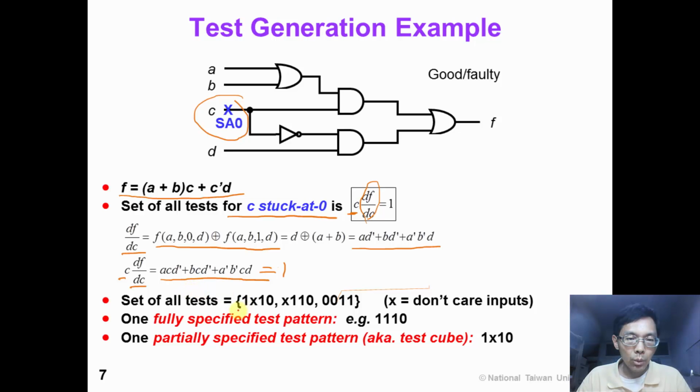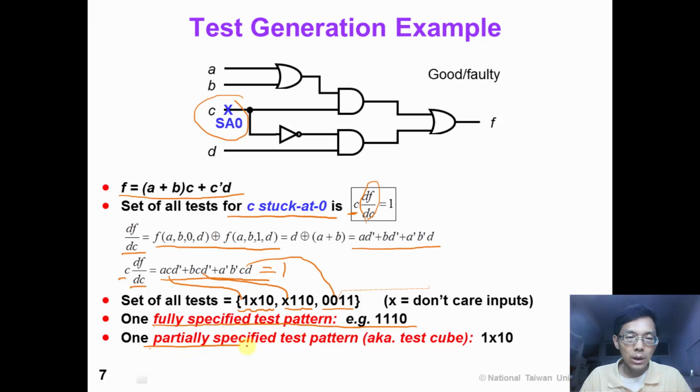So we can find all the test set. It can be 1x10, where x represents don't care. This corresponds to the first product term. x110 corresponds to the second product term, and the 0011 is the third product term. If we need only one fully specified test pattern, we can use, for example, 1110.